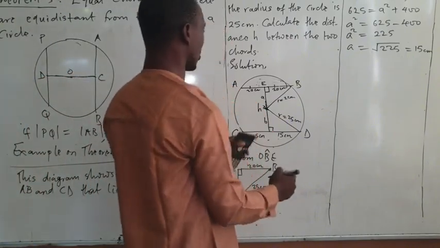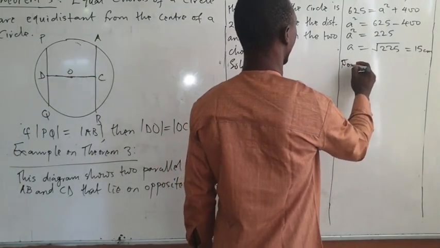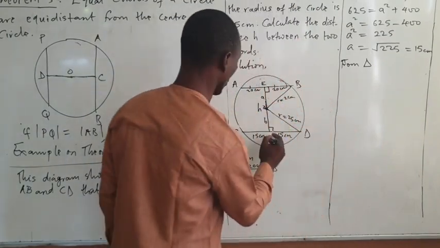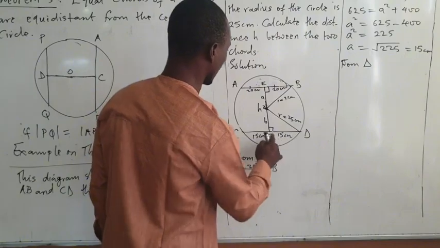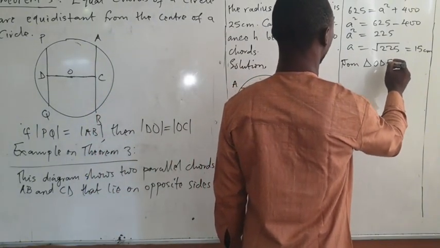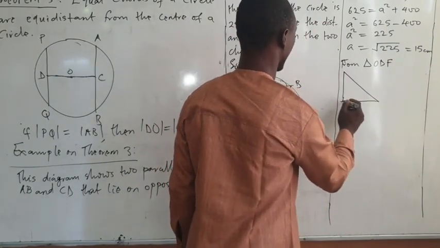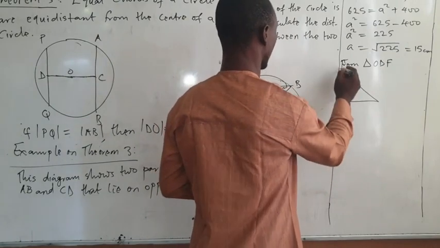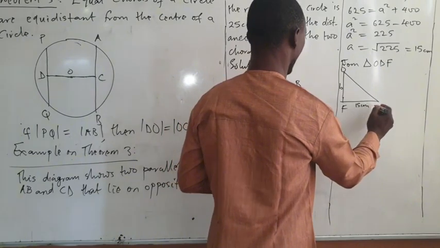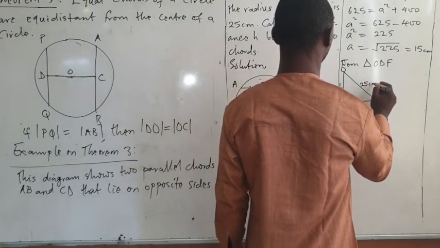So consider the triangle ODF. Let's call this middle point of CD, F. So from ODF, draw the triangle out. This is F, this is O, then small b, then we have 15 centimeters to D, then the radius which is 25 centimeters.